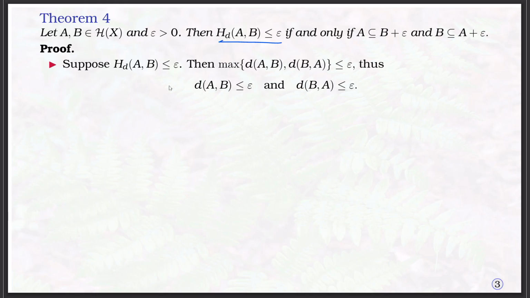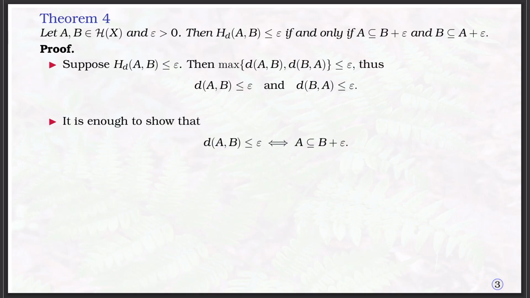Then, as per the definition of the Hausdorff distance, the maximum of d(A, B) and d(B, A) is less than epsilon. Thus, if the maximum is less than epsilon, then both quantities are individually less than or equal to epsilon. Then it is enough to show that d(A, B) is less than epsilon, which implies that A is contained in B plus epsilon.